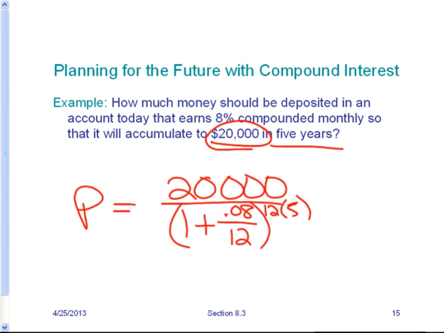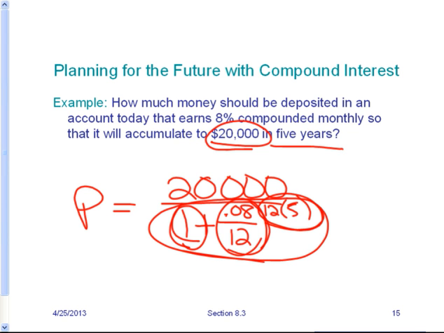This one is a little bit trickier to plug into your calculator, but you're still going to multiply those first, then divide, then add 1. The difference being you can't keep the whole thing in your calculator. Once you get the bottom done, you have to clear that out.